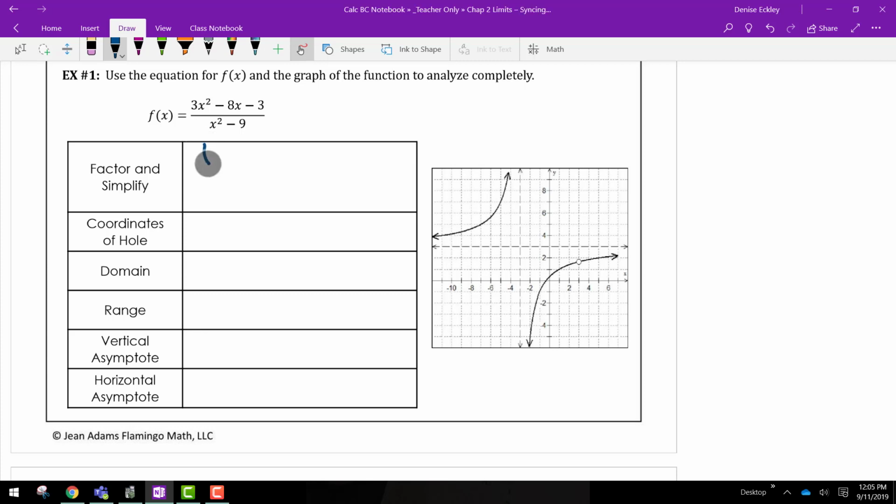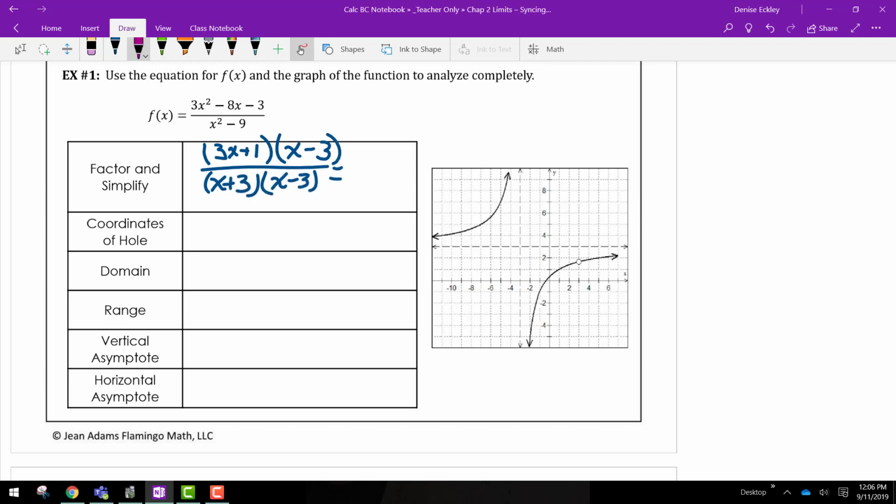The top factors into 3x plus 1 times x minus 3. And the denominator is the difference of squares, so it factors into x plus 3 times x minus 3.